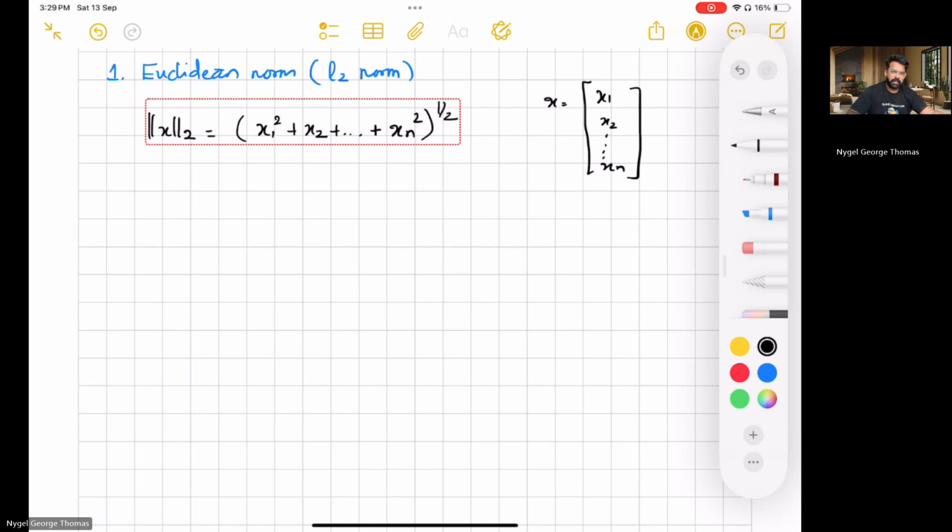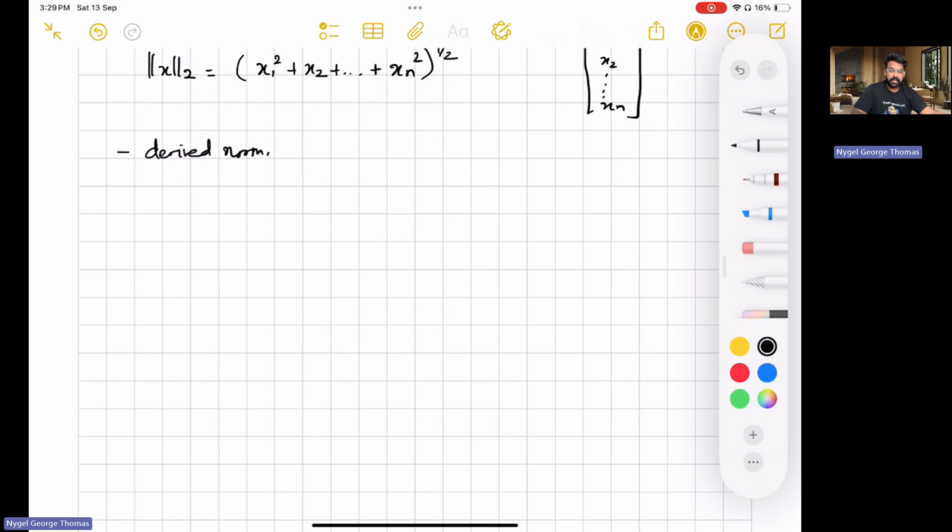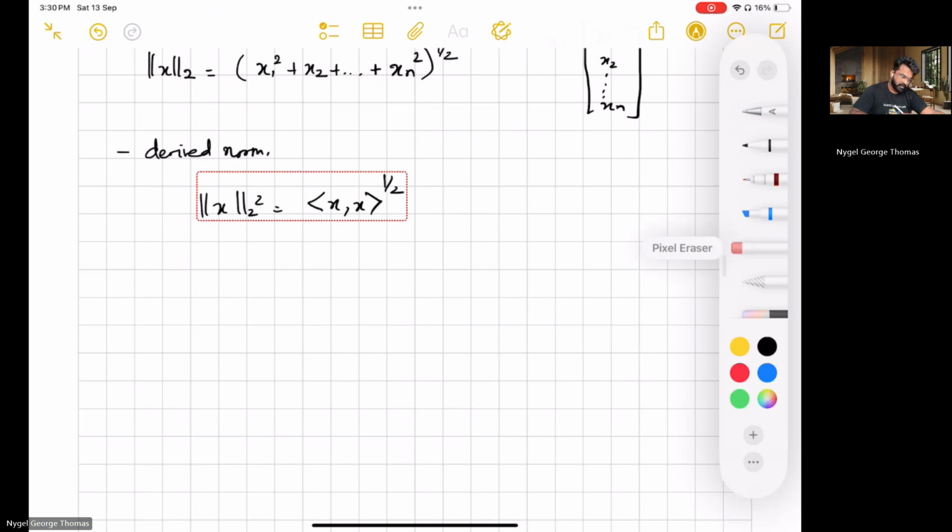This is also a derived norm. In fact, it is derived from the most commonly used inner product, which is the dot product. So the L2 norm is actually the square root of the inner product, which is x transpose x, the dot product.